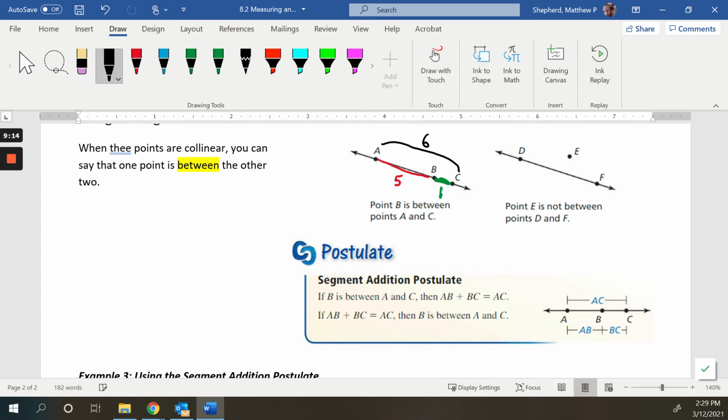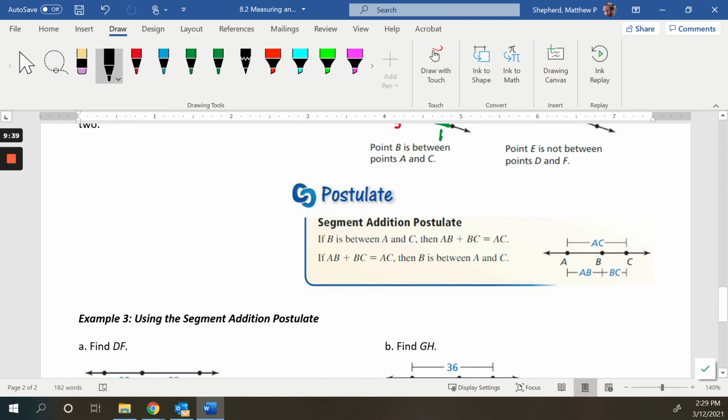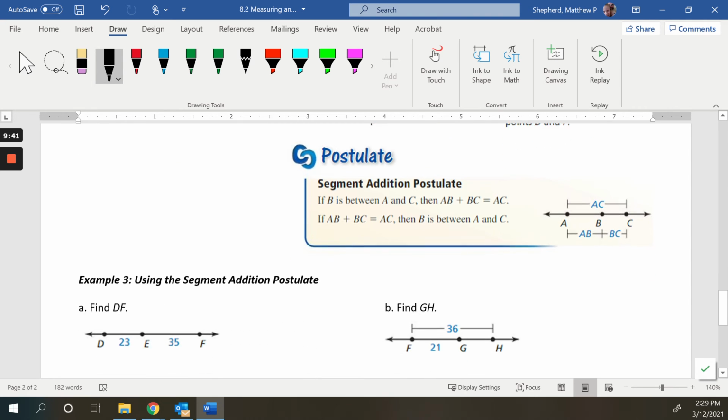If you said 6, you're right, and you know how to add. All we're doing in the segment addition postulate is adding these two segments to get the whole. B, the dot in the middle, cuts it into 2 different segments. And if I know what both of those are equal to, I can add them together to get the entire one. And that's what the segment addition postulate is saying.